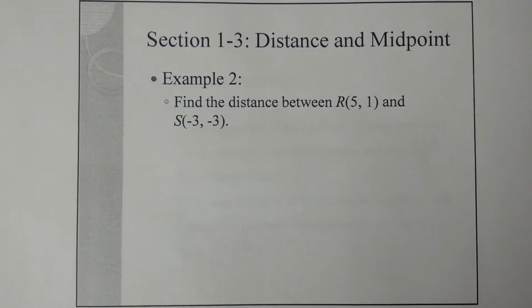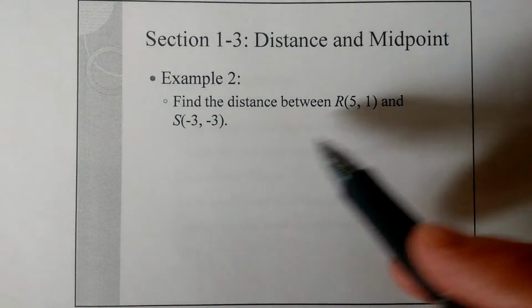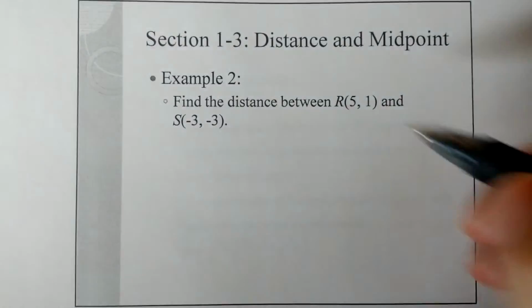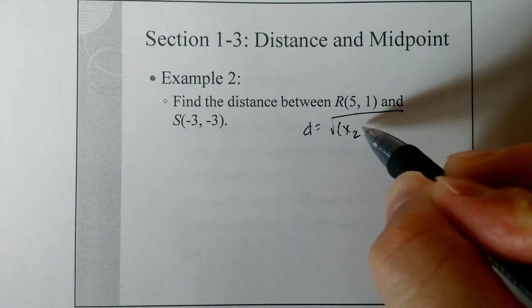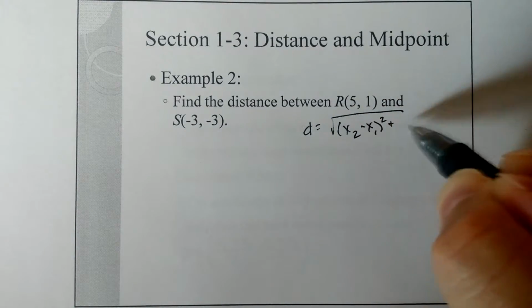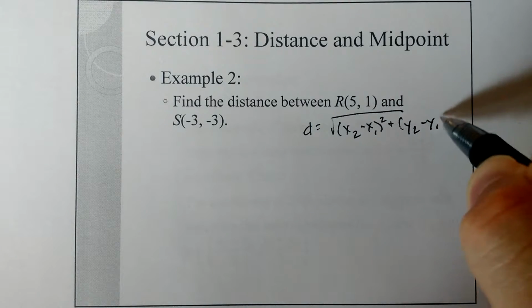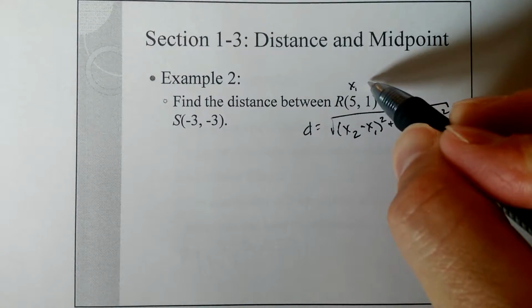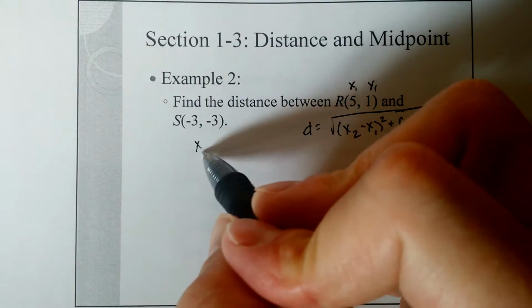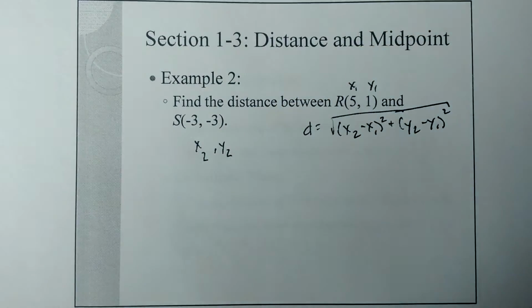Right, so second example, so this is on the coordinate plane. So my equation is that. This point is x1 and y1, and this point over here is x2 and y2.